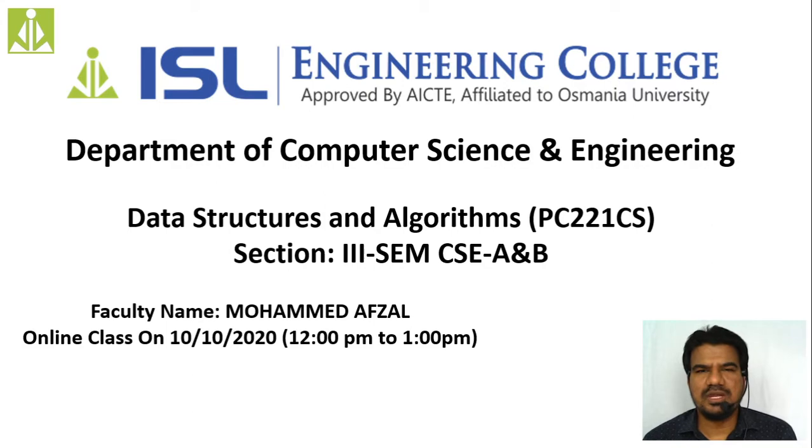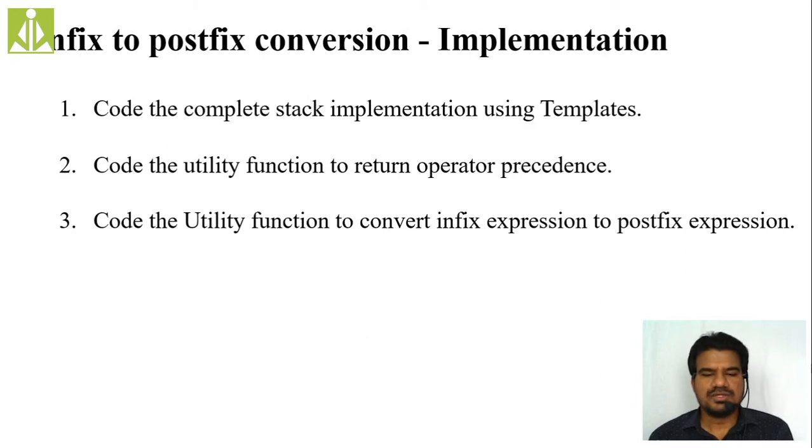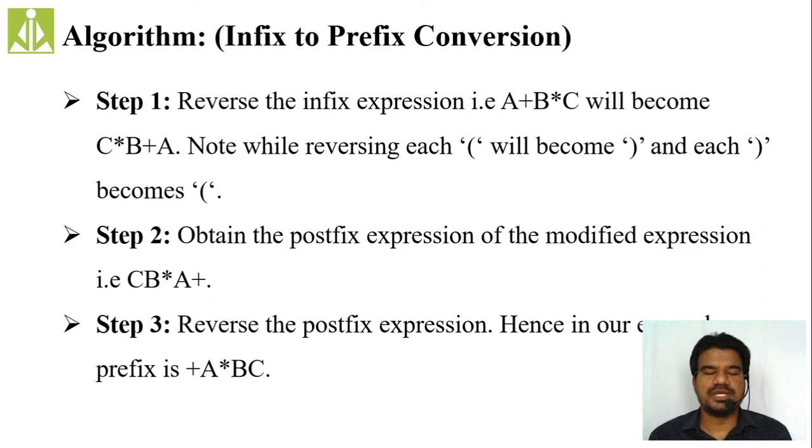It is only a three-step algorithm, as you might remember from the last video. So for infix to postfix conversion, the implementation we have seen. After that, infix to prefix conversion, the algorithm is a three-step process. In the first step, whatever infix expression they are giving, we simply have to reverse that expression.